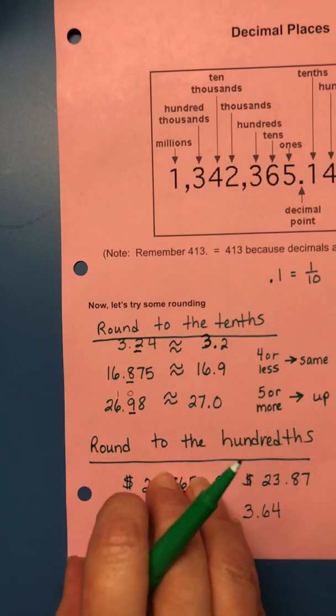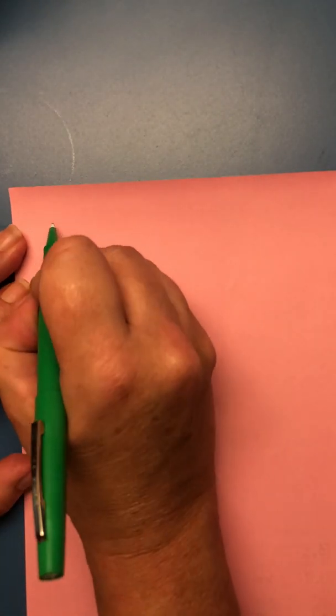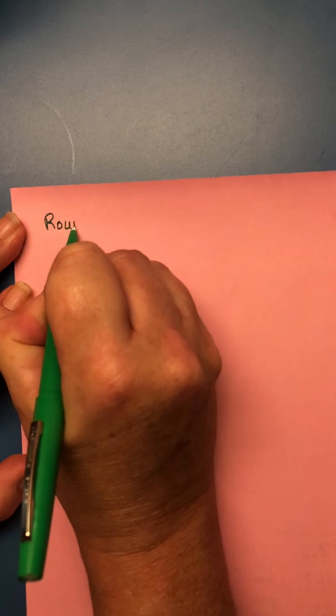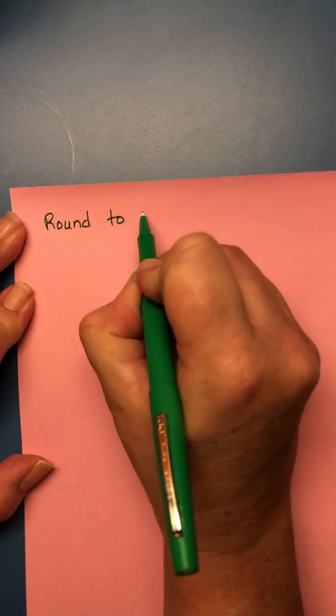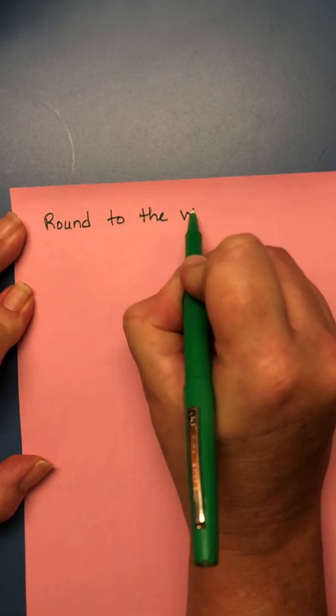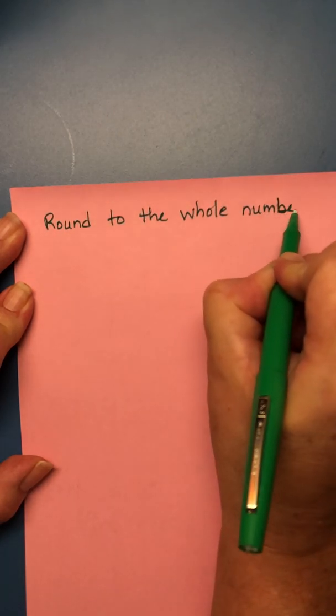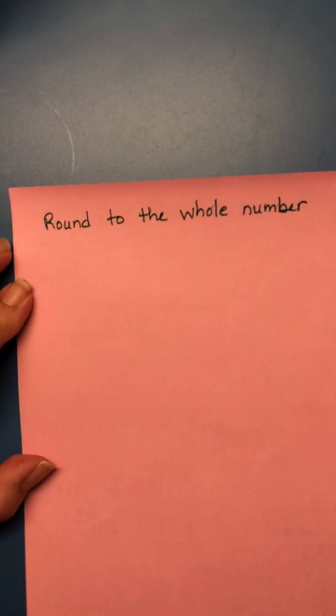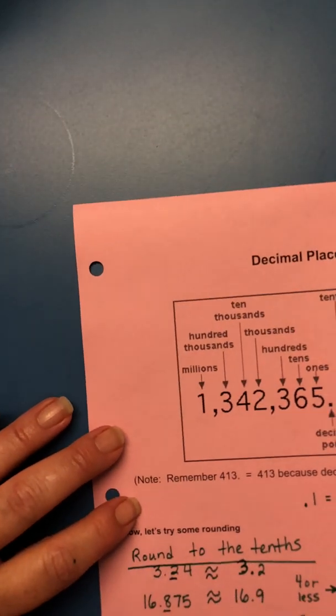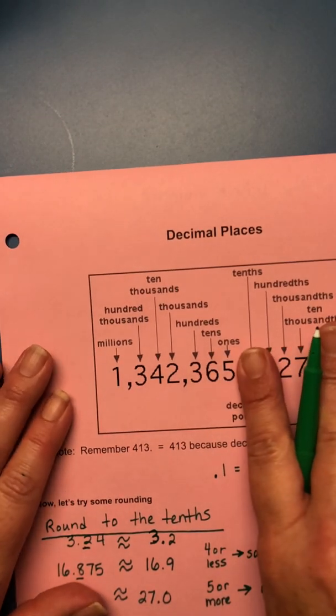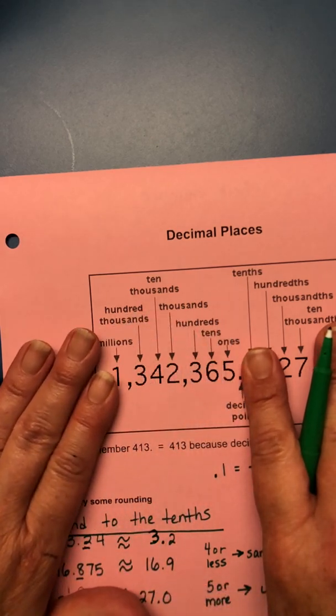Okay? Now, let's go to the back and take some more notes. You might get, or you will get on your homework, round to the whole number. Now, when I round to the whole number, remember, looking at this side, whole numbers are on the left-hand side of the decimal.